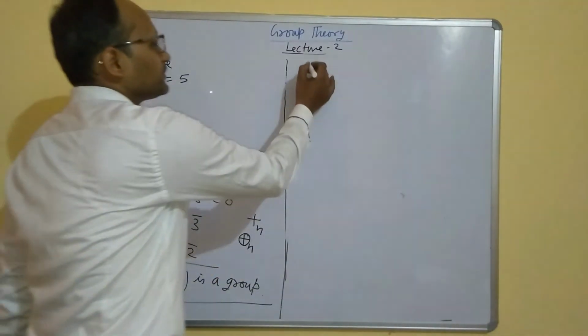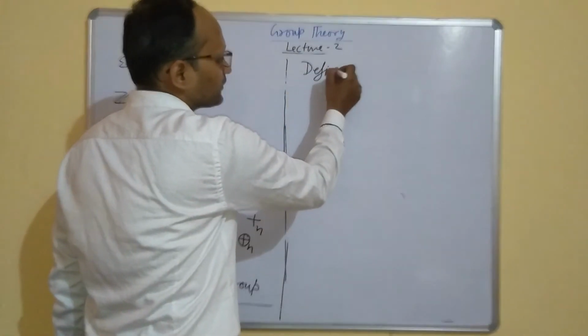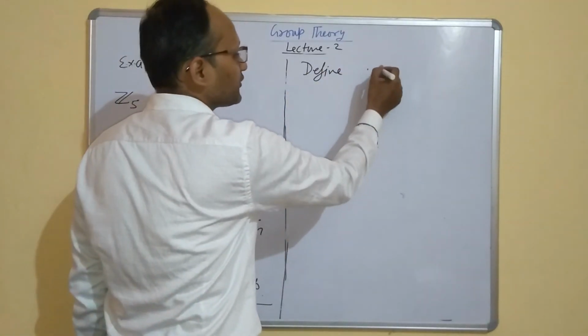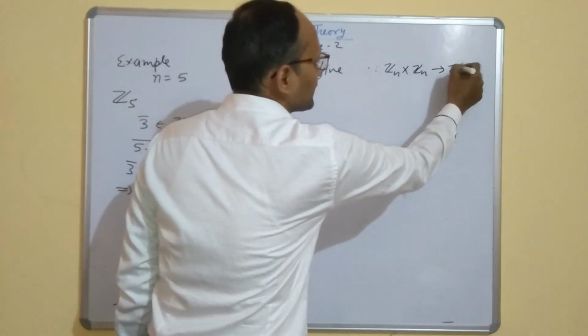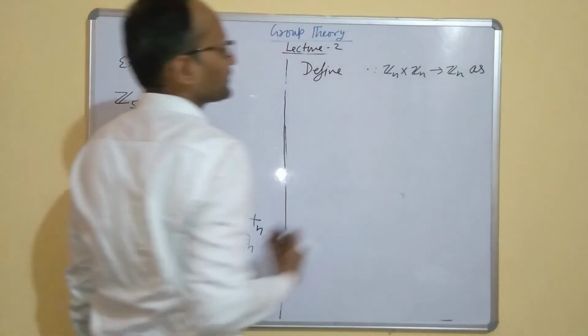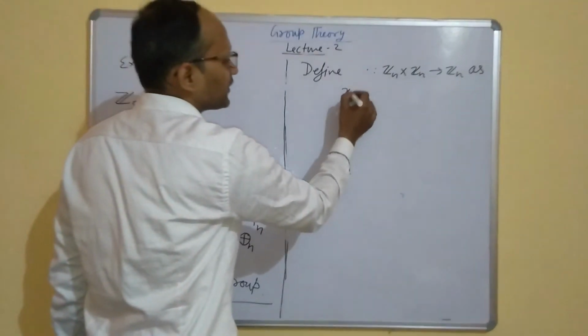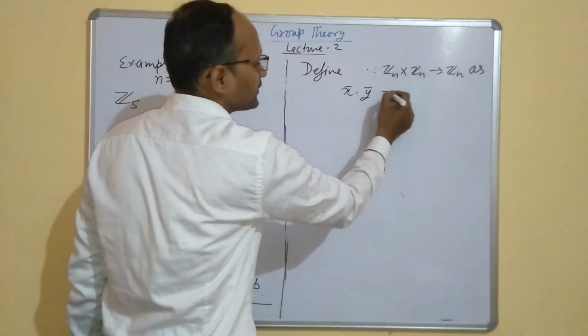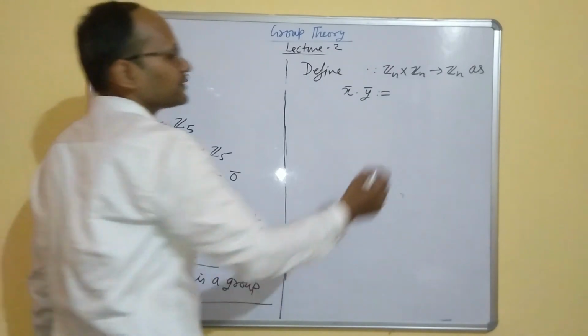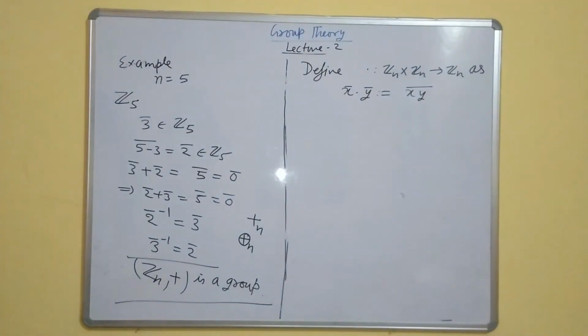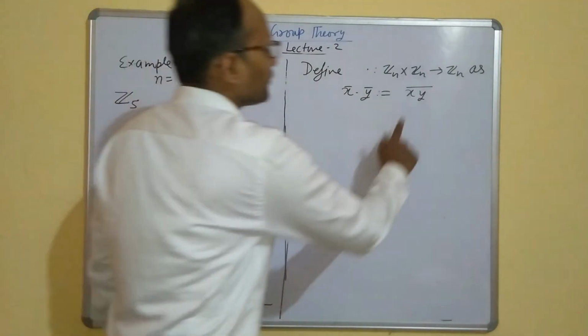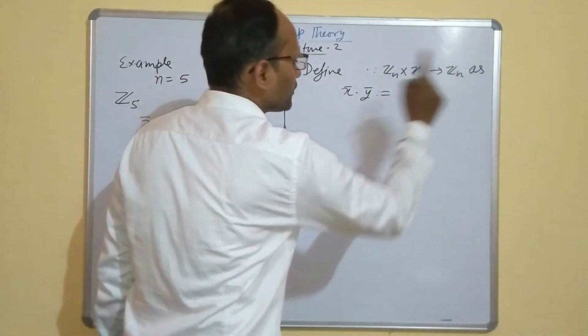So define multiplication from Zn cross Zn to Zn as x bar dot y bar. This is defined as x into y whole bar. So what we will do? We will first multiply x and y and then put a bar on it.